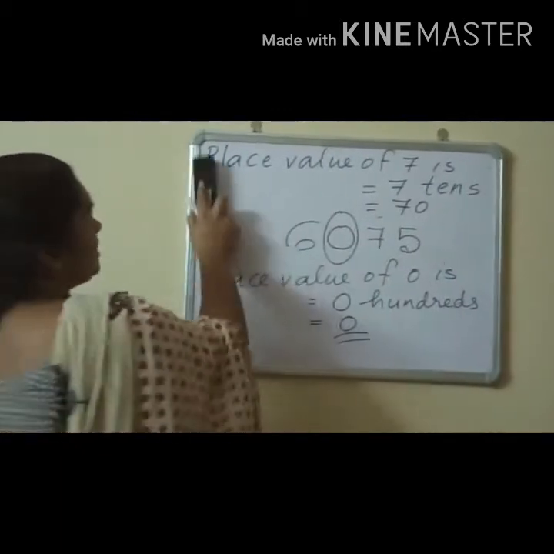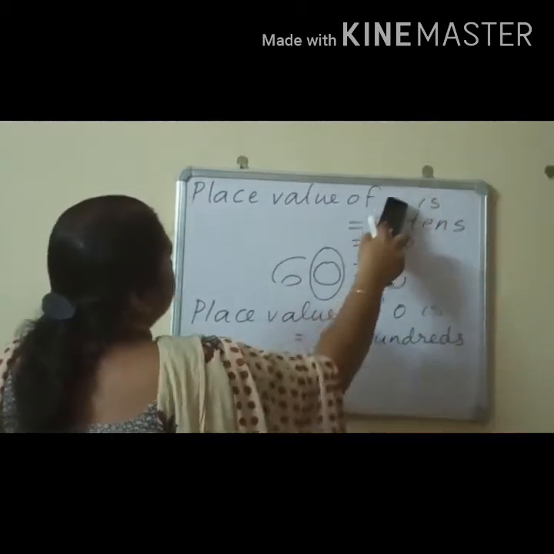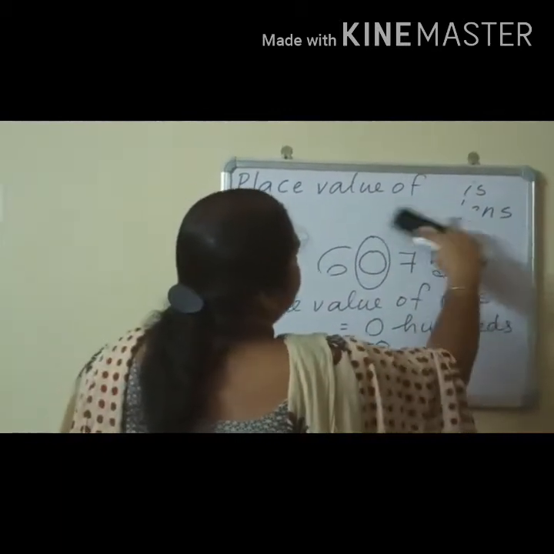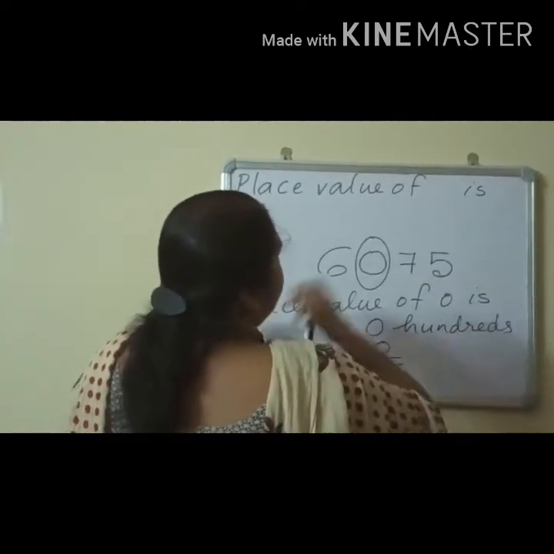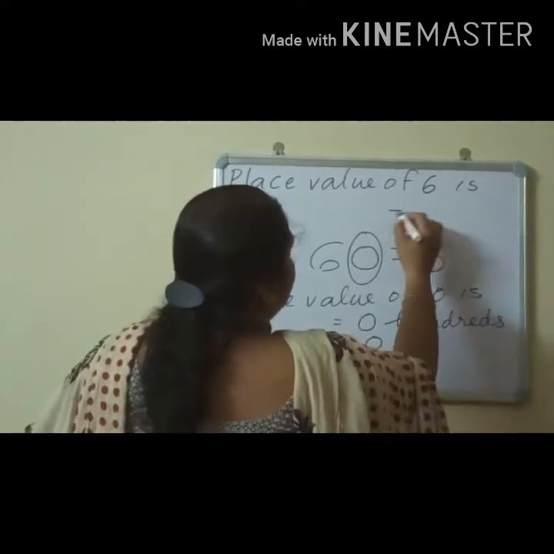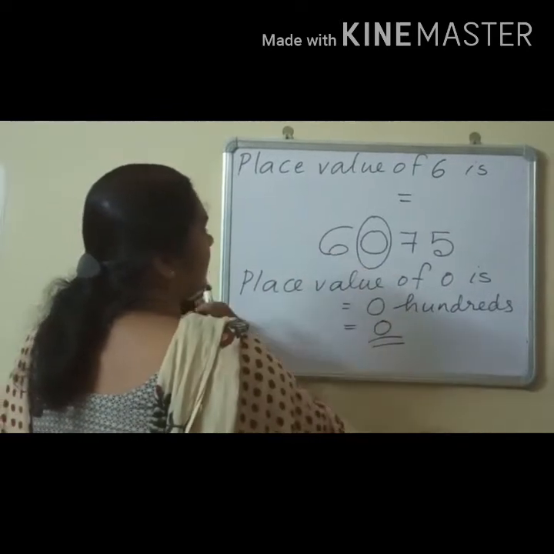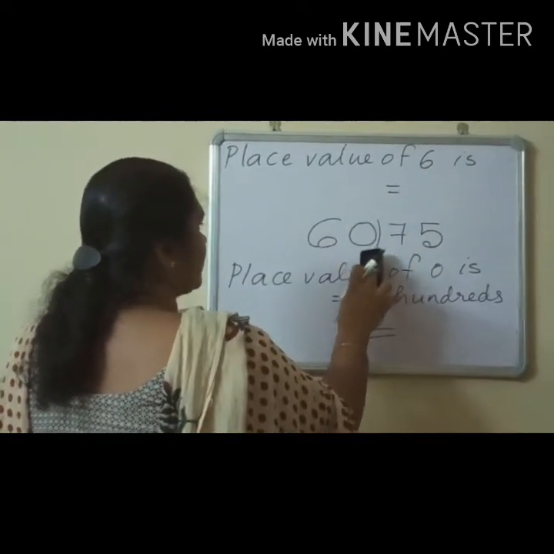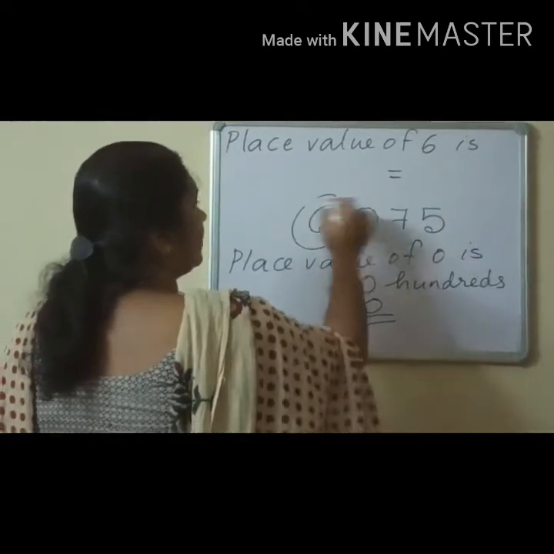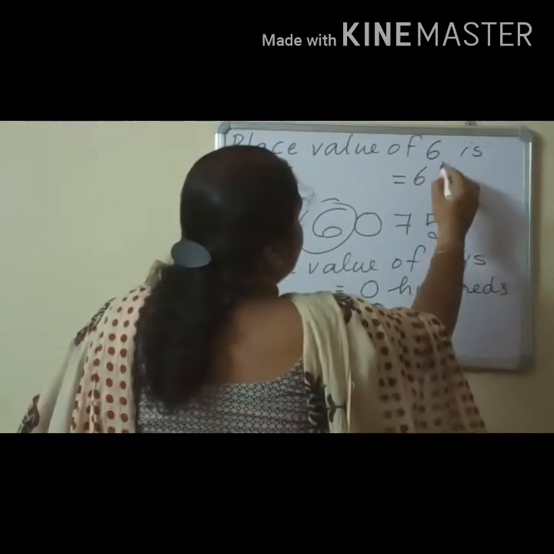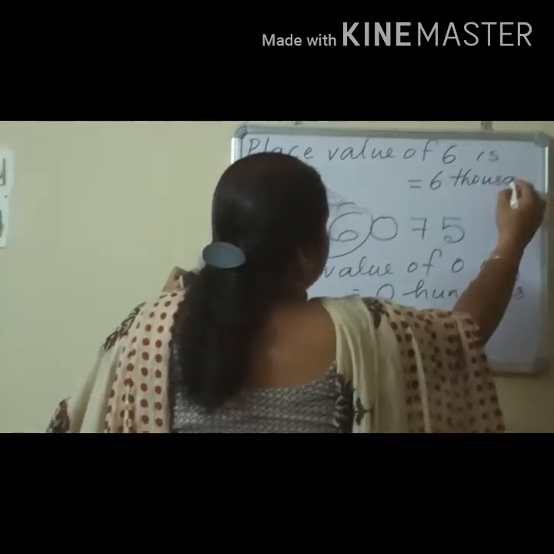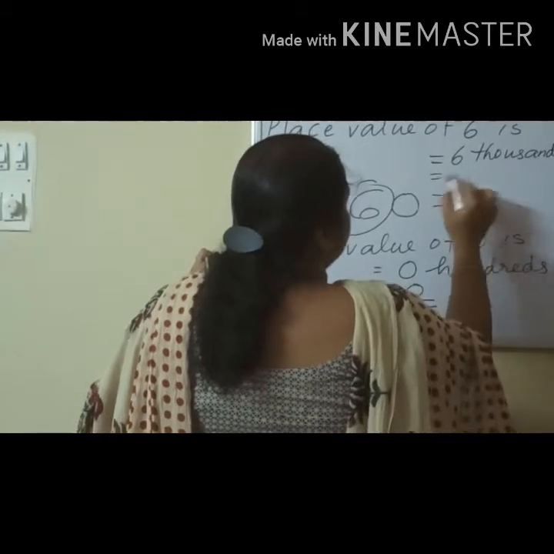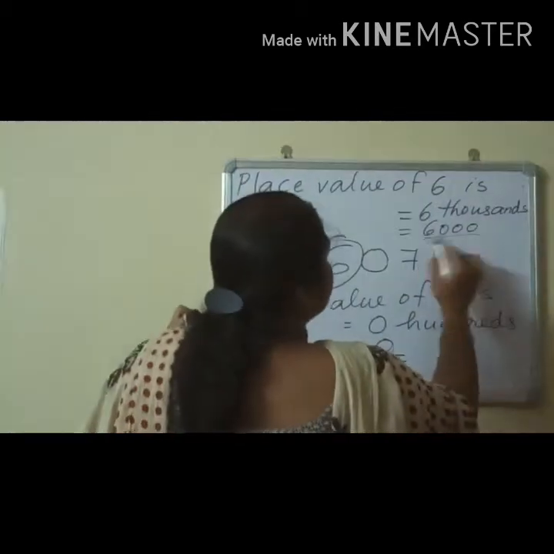Then what about the place value of 6? Where does this digit 6 come? In the thousands place. So 6 thousands. 6 thousands are 6,000.